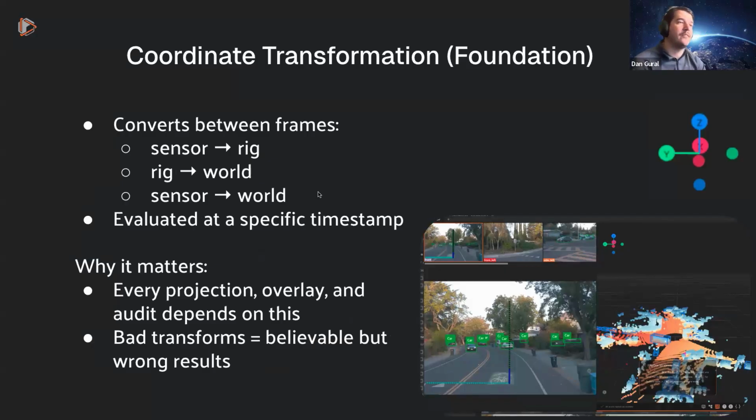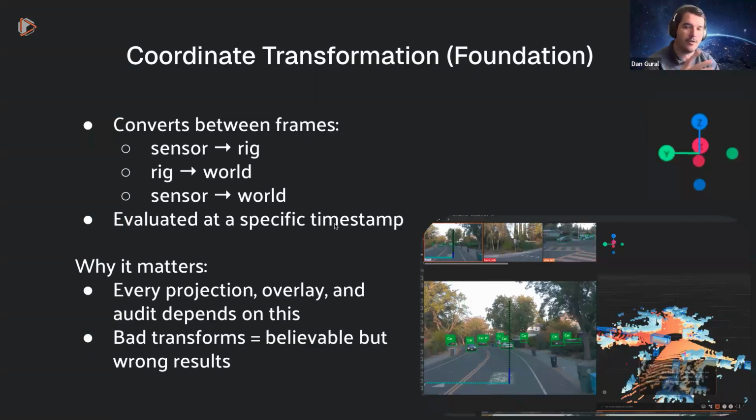Like I said, just harping on this, the coordinate transform is the most popular one right now, helping you transfer between the sensor frames to rig frames to world frame, or any which way, all evaluated at specific timestamps to make sure everything's one-to-one whenever you do this. This makes it so much easier to get more existing data sets into your workflow, as well as grab all those latest and greatest models that are expecting the data to be in a specific coordinate frame or in a specific rig frame or something like that.